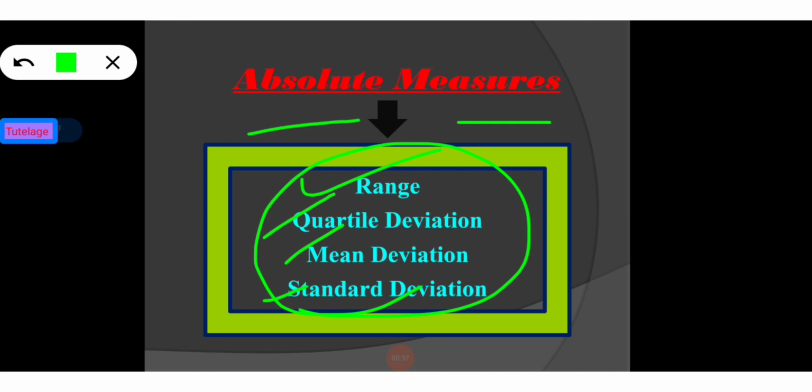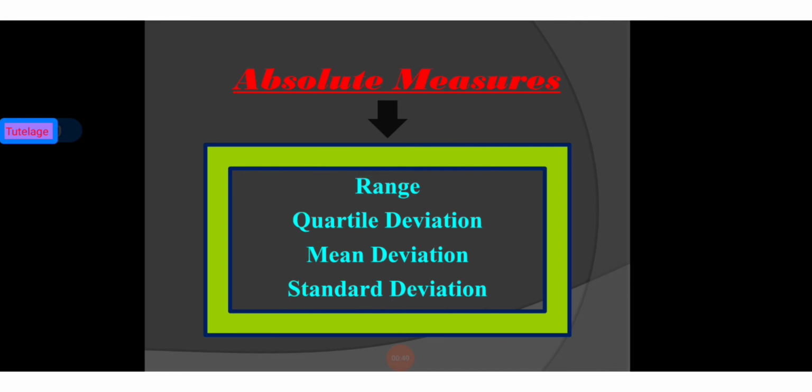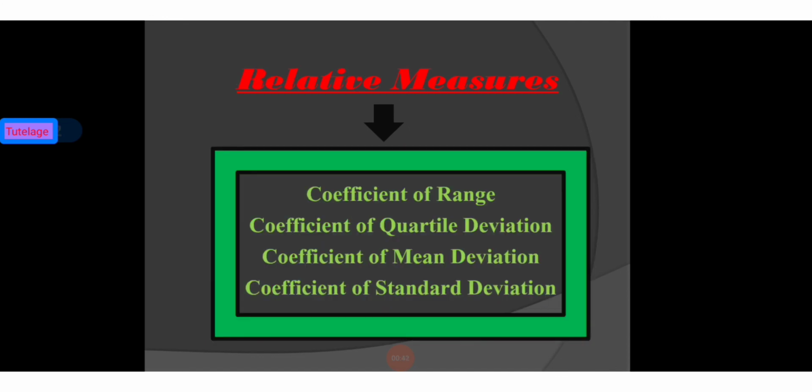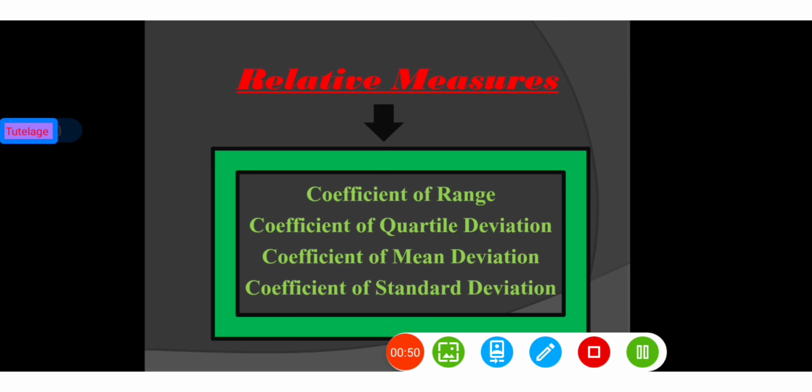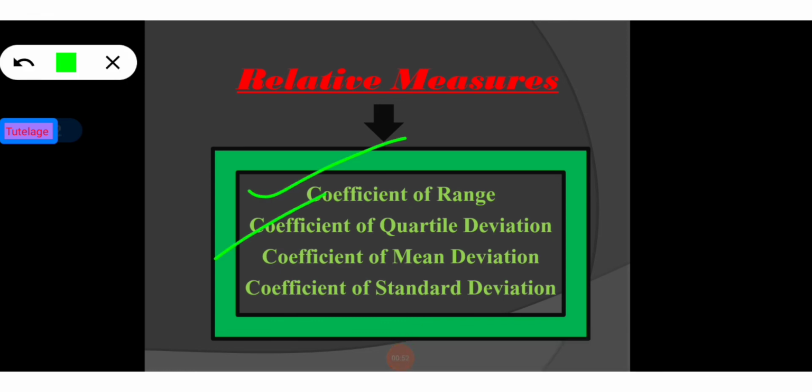And now going to the next slide, where we can see the measures of dispersion under the relative measures. So coefficient of range, coefficient of quartile deviation, coefficient of mean deviation and coefficient of standard deviation are all included in the relative measures of dispersion.